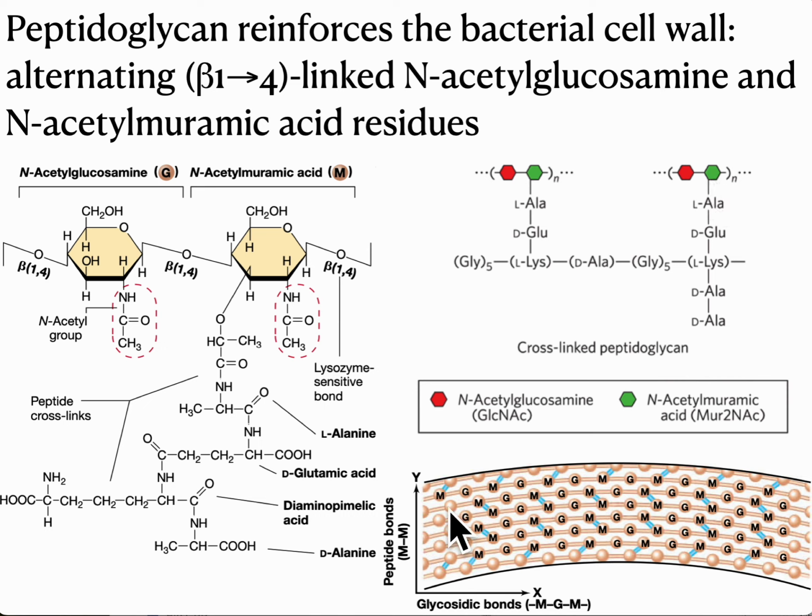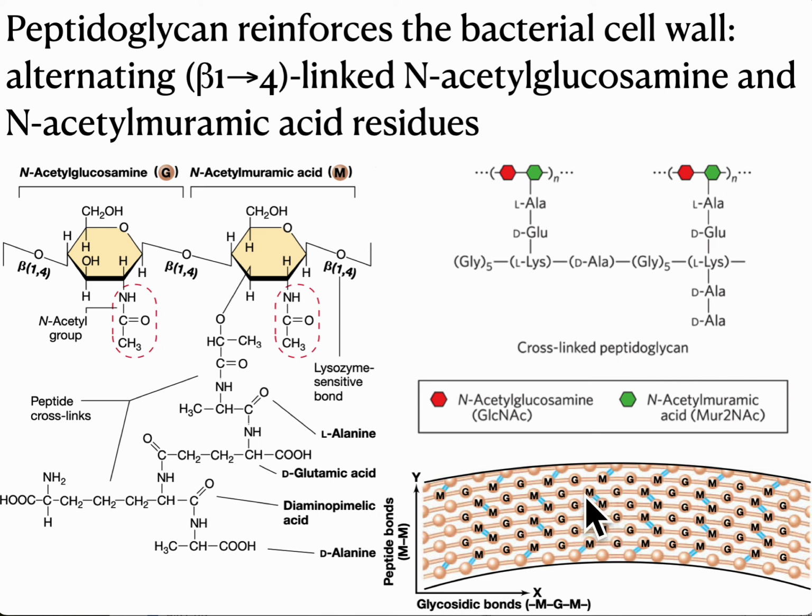So in the bacterial cell wall, the peptidoglycan chain will be in this sort of conformation, and it stretches from left to right with peptide crosslinks between the acetylmuramic acid. So M stands for acetylmuramic acid.